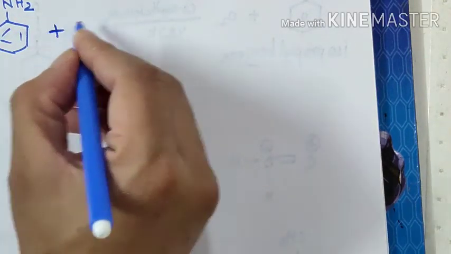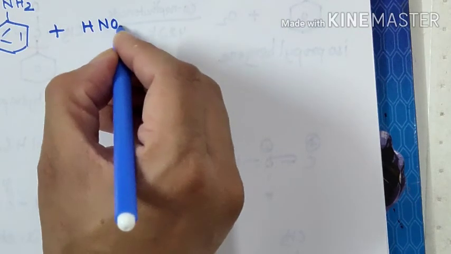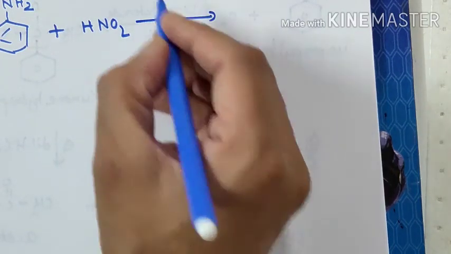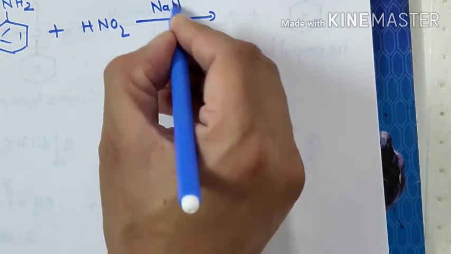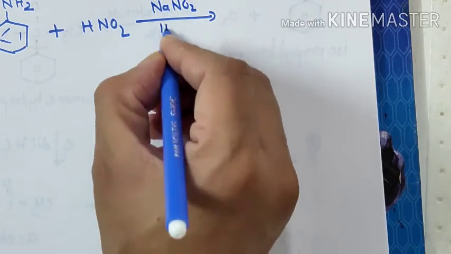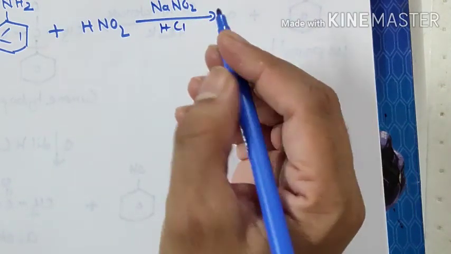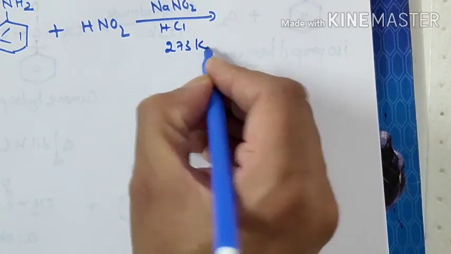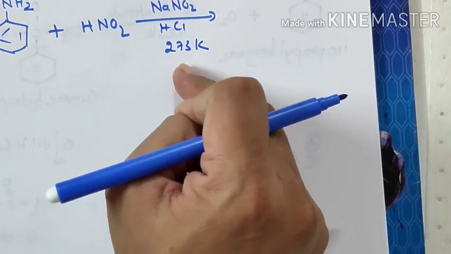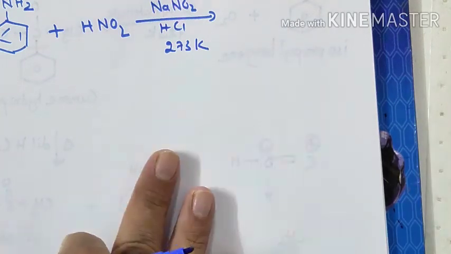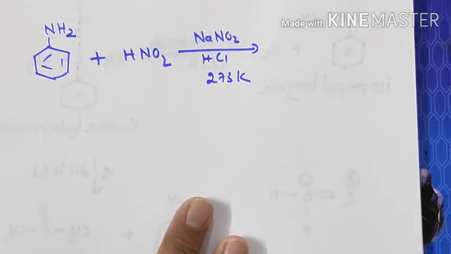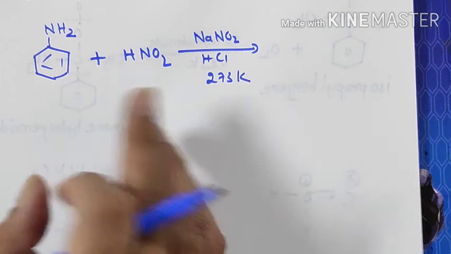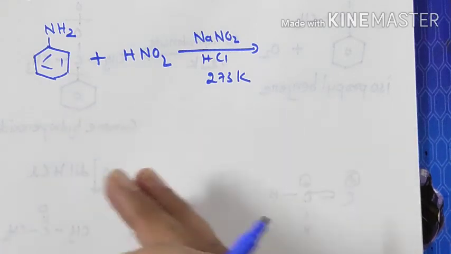Okay. We treat this with nitrous acid, and how is this nitrous acid formed? When we treat sodium nitrite with HCl, at a temperature of 273 Kelvin, not Celsius. 273 Kelvin is nothing but 0 degrees Celsius. Means this reaction has to be performed at a very low temperature, right? That is at around 0 degrees Celsius.